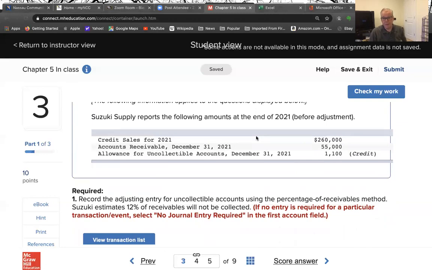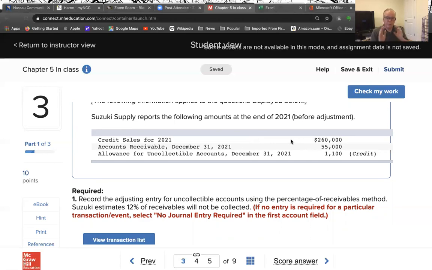Now, again, a lot of times accounting problems tell you more than you need to know, or they tell you things that you don't need to know because they're trying to get you to go in the wrong direction. So look at what they tell you. Look at the first thing they tell you. Credit sales for 2021 are $260,000. I don't think that matters, right?